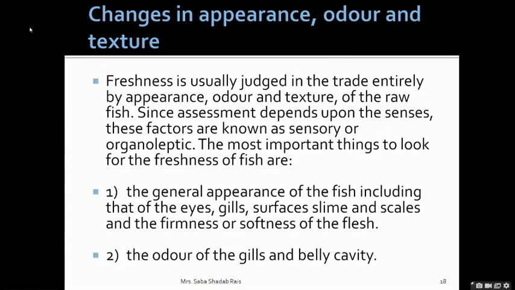Now, the most important things we should observe to know whether the fish is fresh or not: first, the general appearance. What general appearance? How the eyes are, then the gills, whether the surface is slimy or not, what about the scales, what about the firmness, whether the fish is firm or soft. Then odor.